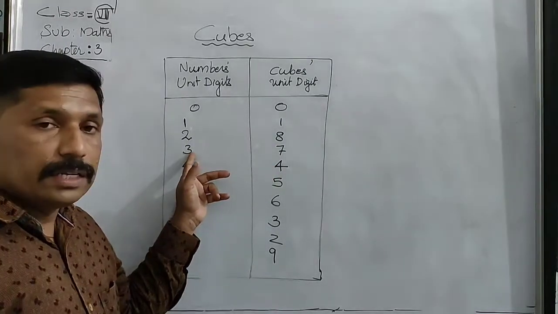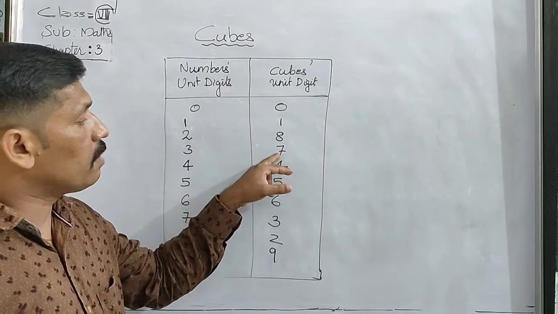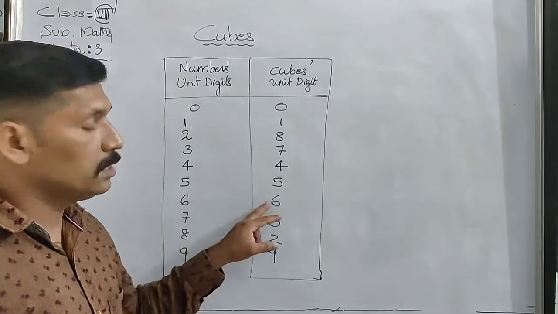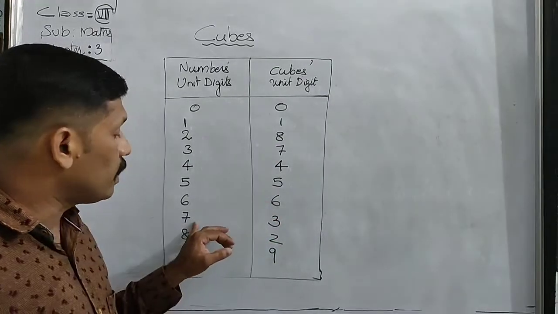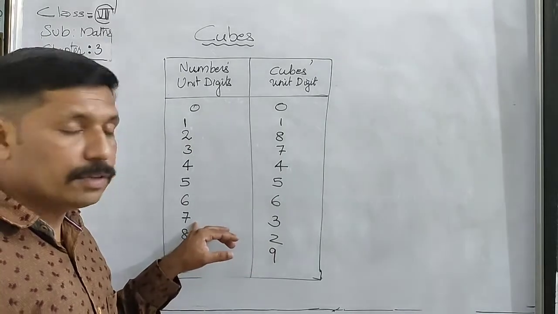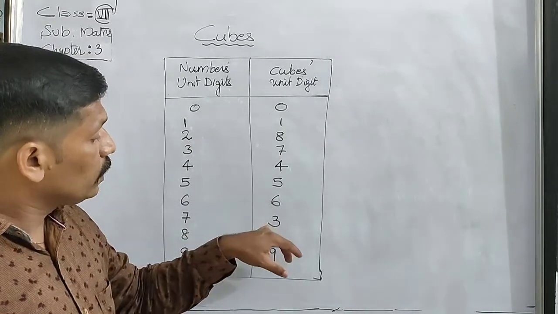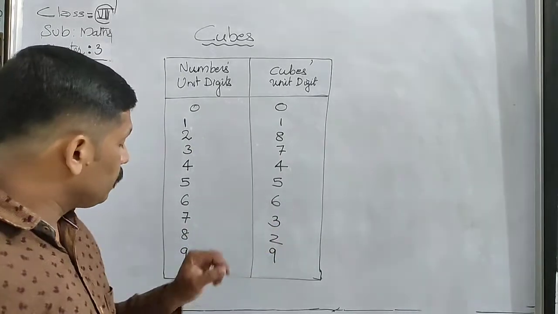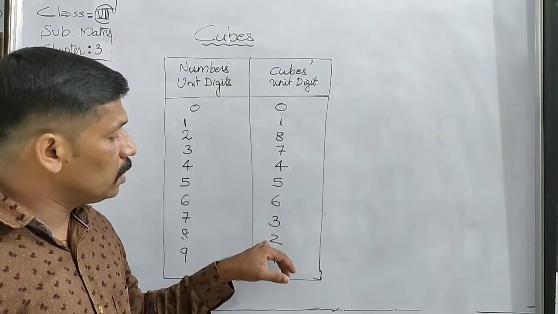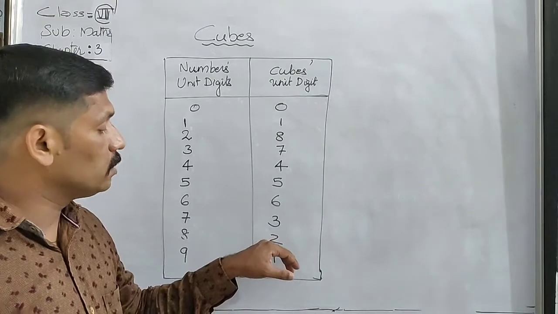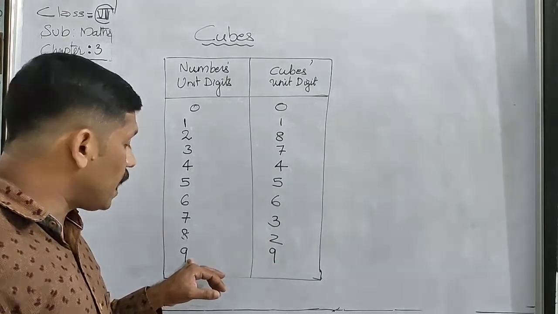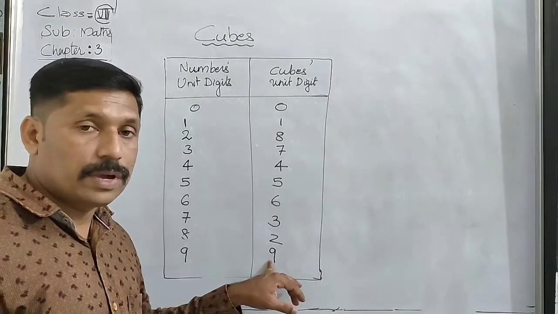If the unit digit is 3, then the cube's unit digit is 7, and 4 means 4 only, 5 means 5, 6 is equal to 6, and 7 is just the opposite of this: 3 gives 7, and 7 gives 3. If the unit digit is 7, then the cube's unit digit will be 3. And if the unit digit of a number is 8, the cube's unit digit will be 2. And if a number ends in 9, then its cube also ends in 9.